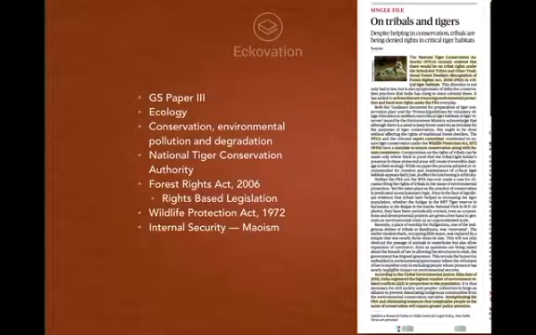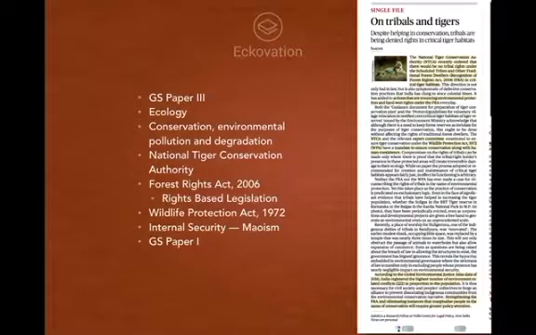Now, this article can also be important from an internal security perspective and Maoism, because when these rights are denied to these tribals and traditional dwellers of forests, that is when they turn to extremism and Maoism. So the points you get in this article can also be used in a question related to extremism.